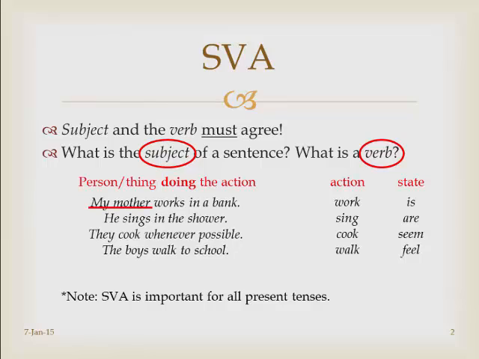So in these examples, okay, the words that are underlined are the subjects in the sentence because they are the persons or the things doing the action. Now, it's important to note also that subject-verb agreement is important especially for all present tenses, for example, simple present, present continuous, present perfect, and so on.